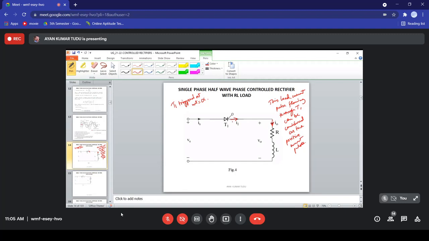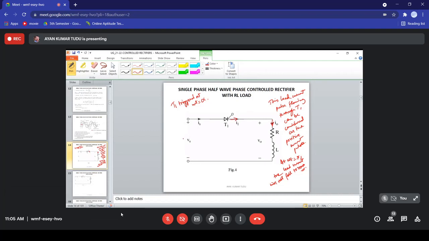What we saw in the previous cases was 0 at omega T equal to pi, but here the load current will not fall to 0, because of the presence of the inductance in the load, when the input supply is starting to become negative.